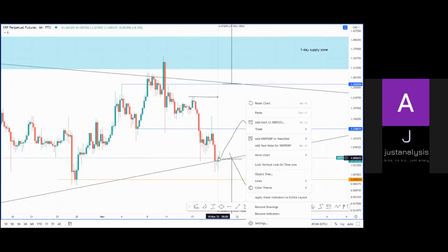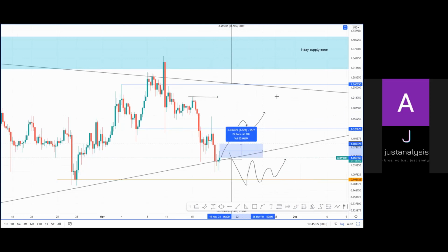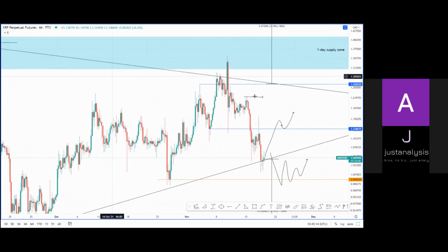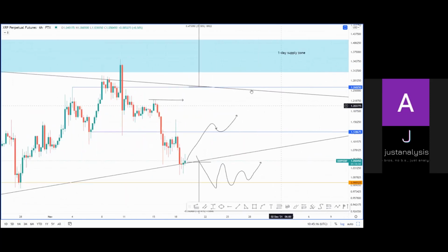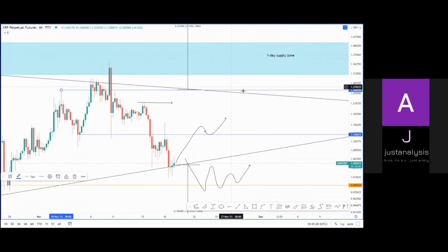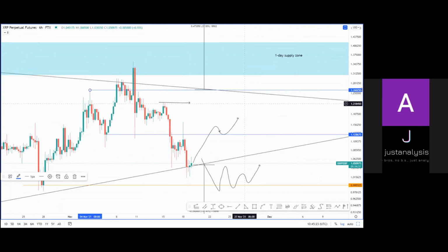So from its current position, I'm expecting at least like a 15% upswing for XRP. And in some cases, it'll probably wake up to retest this upper trend line of the symmetrical triangle, right? Although I'm not sure if it's going to happen here, a retest of 1.26 would be good. So this is what I'm expecting from a bullish perspective.